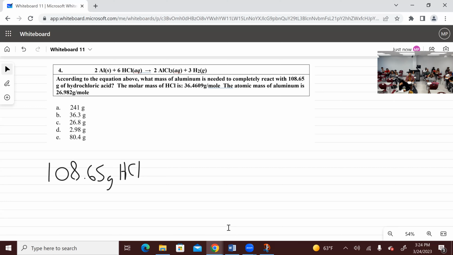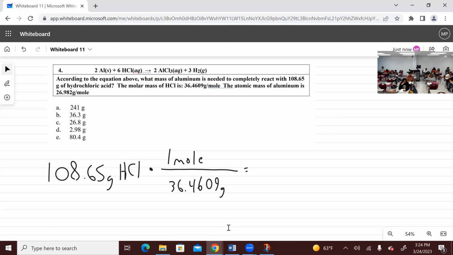Because I'm trying to convert this to moles. That's the only way I can do the stoichiometry. You can't do stoichiometry with grams. You have to convert your grams to moles. If they give you moles, fine. So I'm going to say 1 mole for every 36.4609 grams.